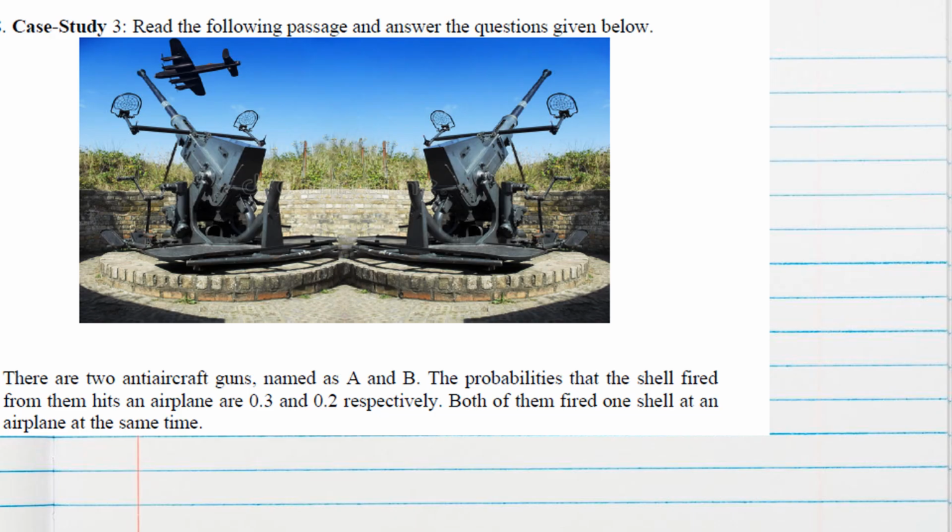So in this case study, what is given? There are two anti-aircraft guns named A and B, and the probabilities that the shell fired from them hits an airplane are 0.3 and 0.2.